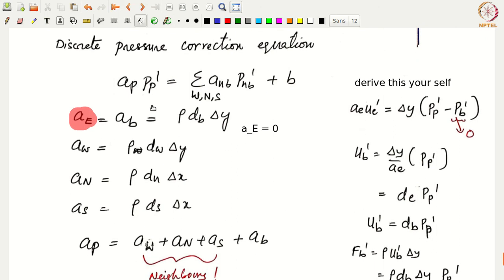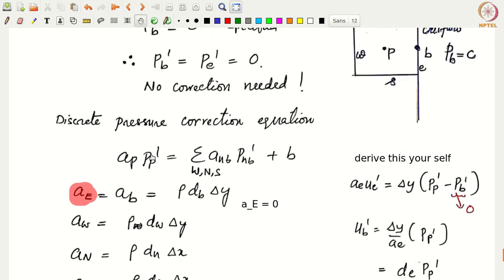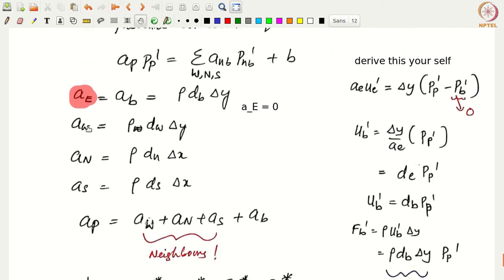That means in the original equation, the pressure correction equation for this particular cell is AB PP prime equals sigma NB P NB prime plus B, where the neighbors are only the capital W, North and South. A West, A North and A South are the same as before: rho dW delta y, rho d North delta x and rho d South delta x. AP equals A West plus A North plus A South plus AB.